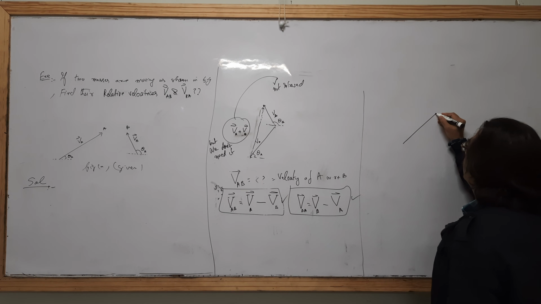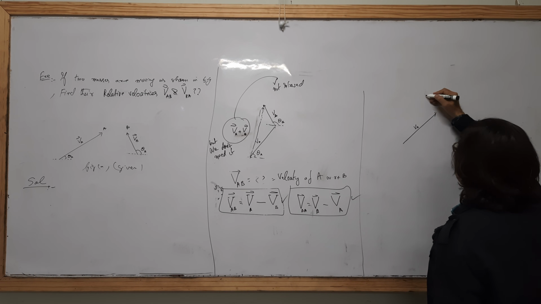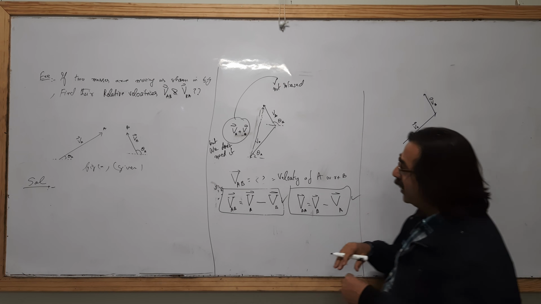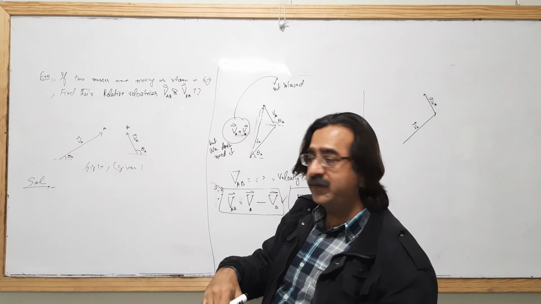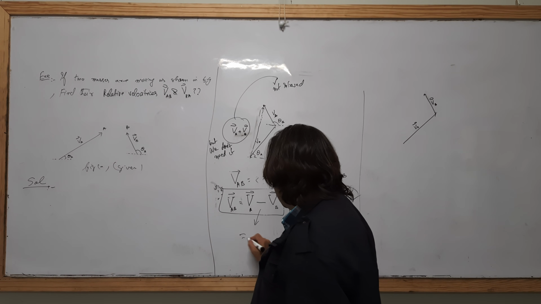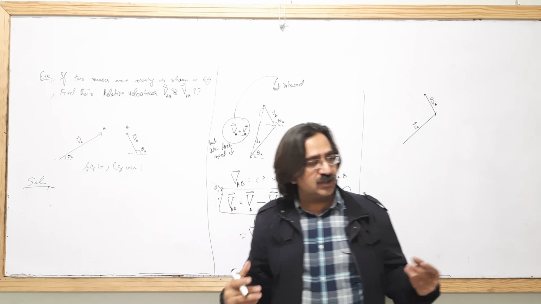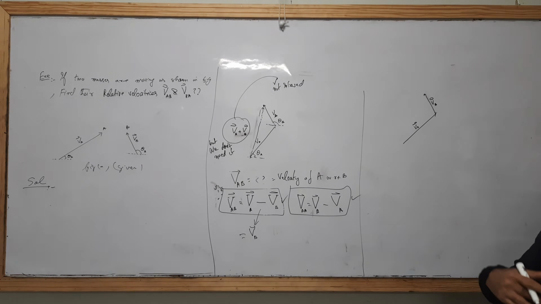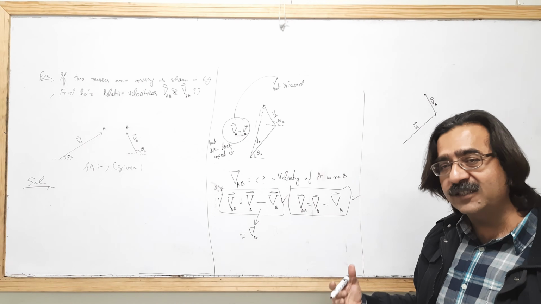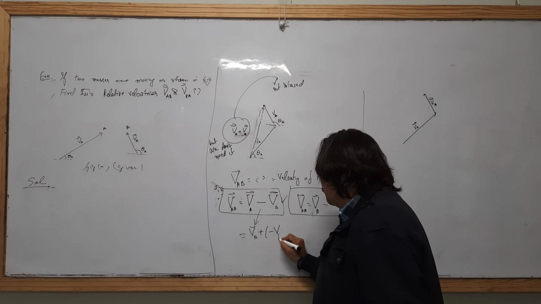Firstly, we have to write VA, then VB, and we have to add minus VB to VA. As I have already mentioned many times, subtraction is actually the addition of a negative number.